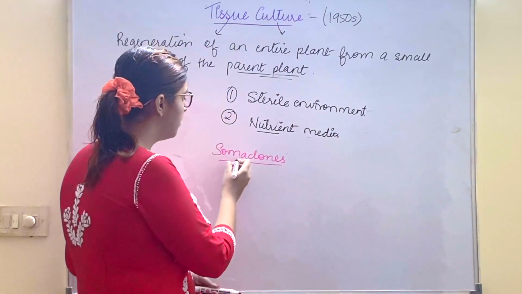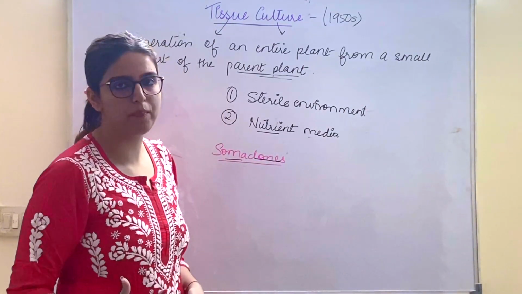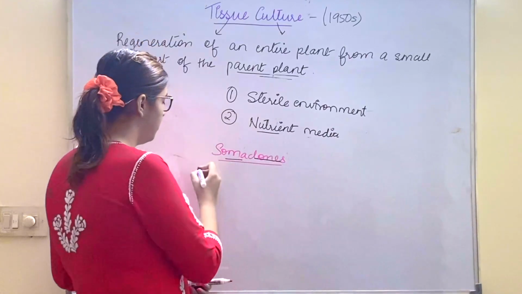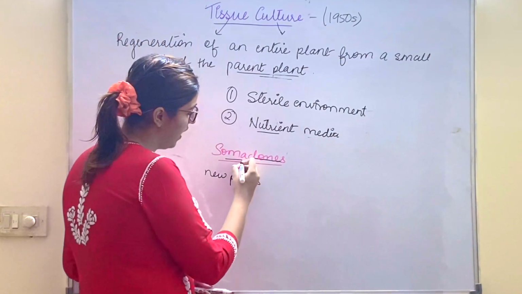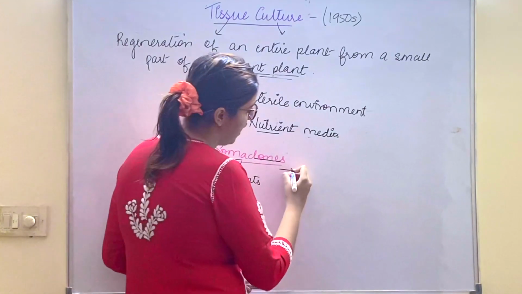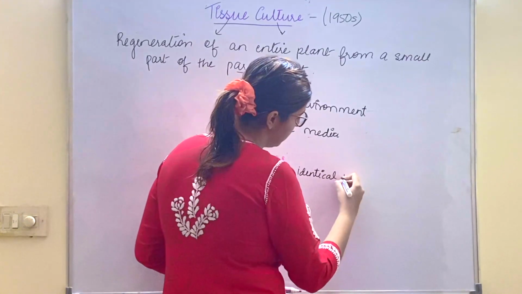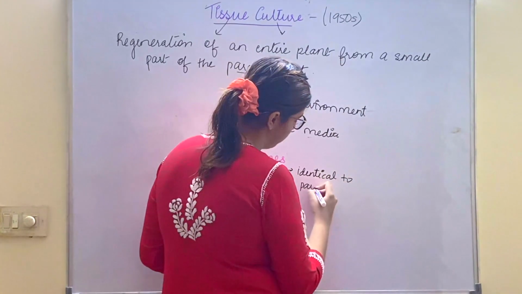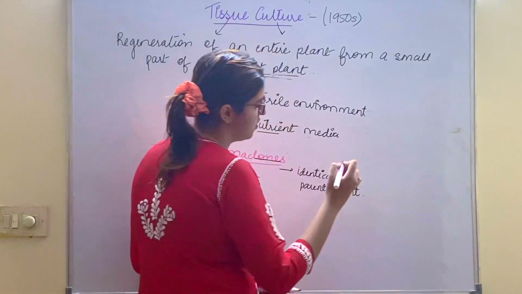So somaclone means identical copy. The new plants are somaclones because they are identical to the parent plant. That is why they are called somaclones.